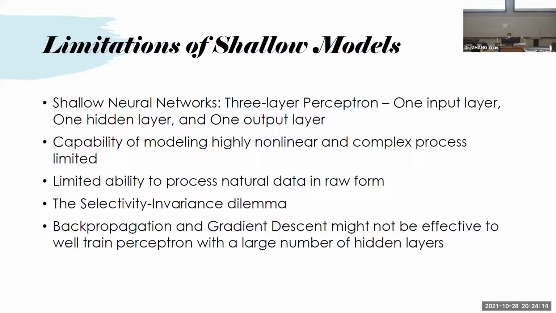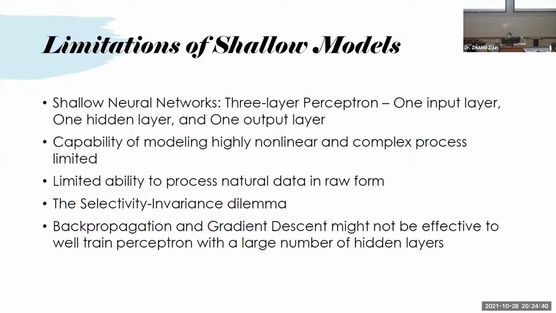So in shallow neural networks, people think that the capability of modeling highly nonlinear and complicated processes is still limited. It is basically because having just one hidden layer might not contain enough flexibility in modeling.